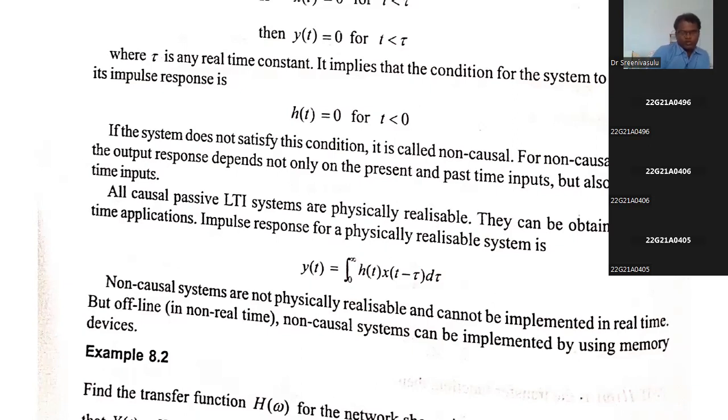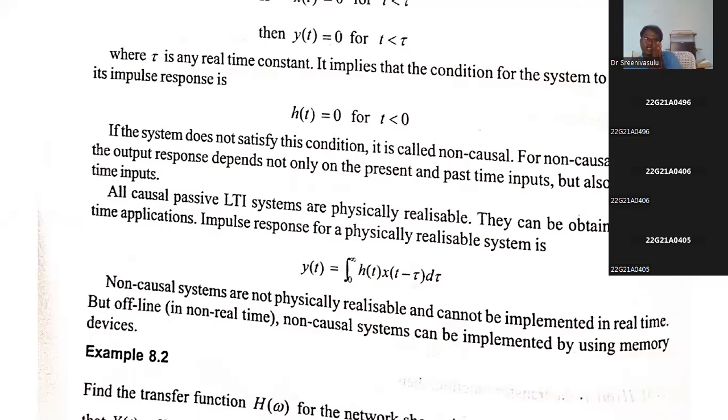Past means, on the graphical representation, time t equal to 0 is present and after time t equal to 0 is past, meaning the delayed case.